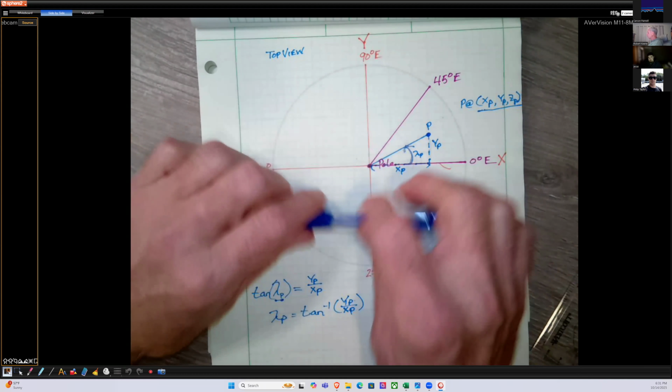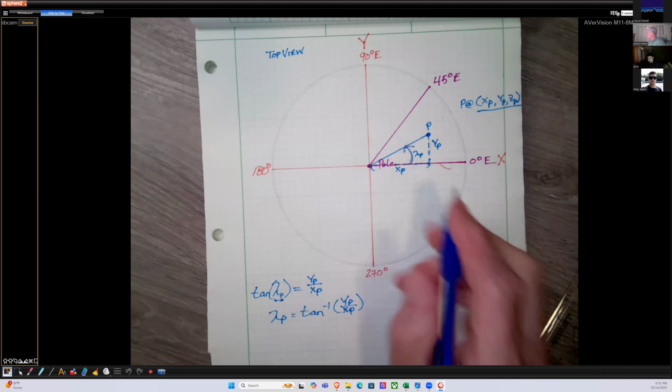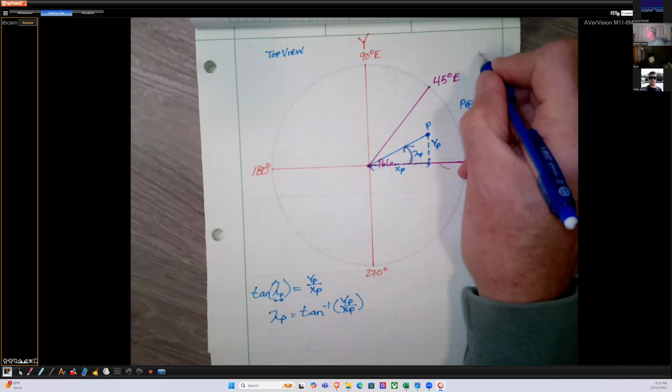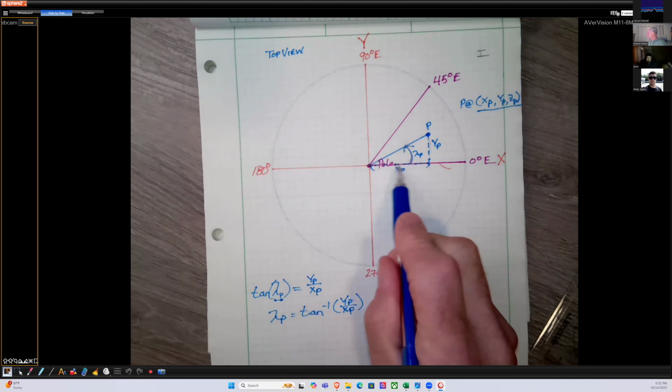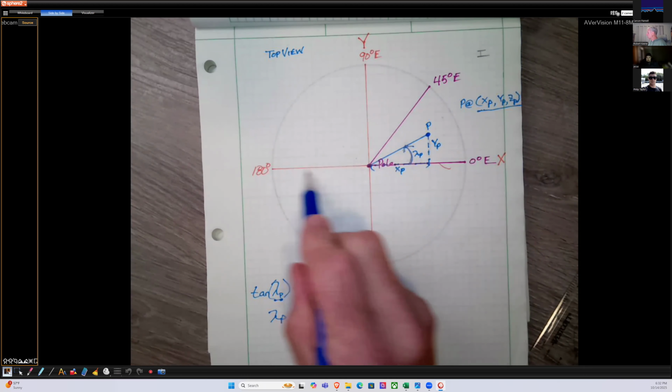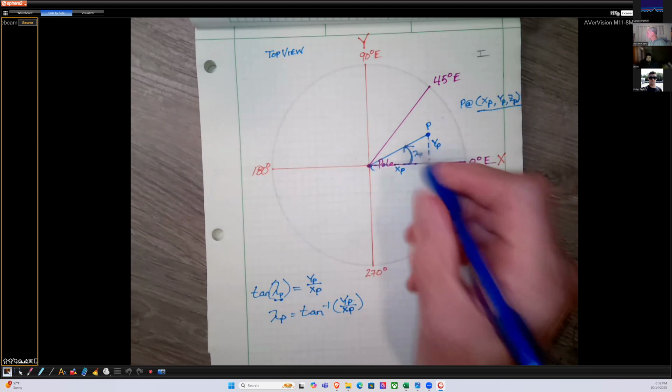So if we're in this quadrant, we'll call it quadrant 1, what would I add to the value, since the arctangent function is always going to return something between 0 and 90, in relationship to the x-axis?